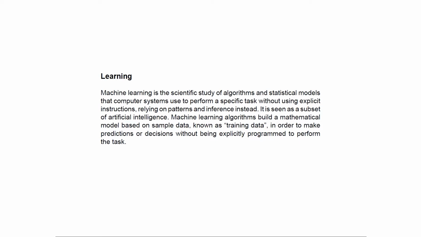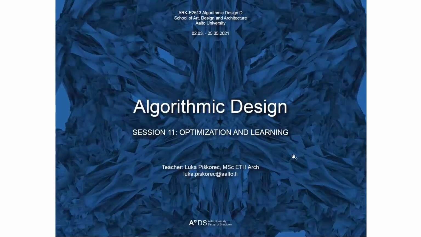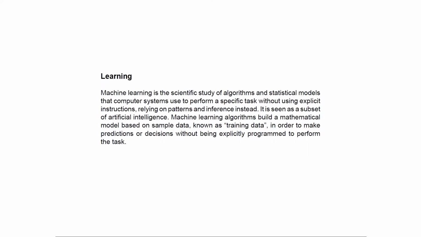Going to the very beginning, when we talk about algorithmic design, it means there's an implicit algorithm behind it that we are manipulating in order to produce or manipulate a design. But in machine learning, this algorithm might be very general, and we might not really know how it works, because the knowledge that the algorithm is using is being extracted from the data, from the examples that we give it.